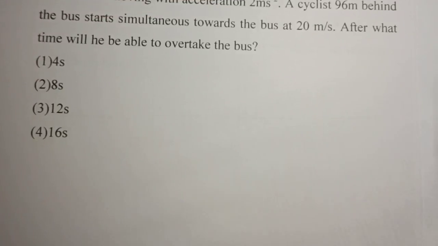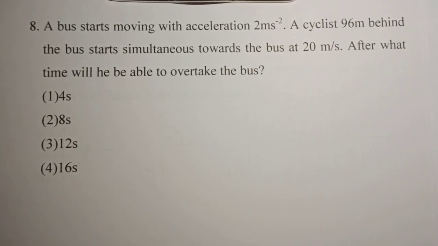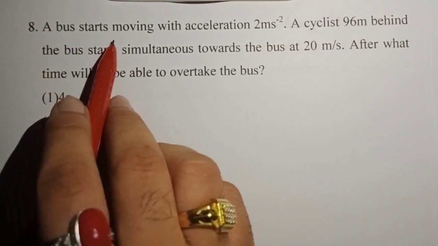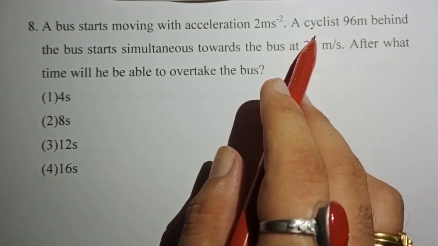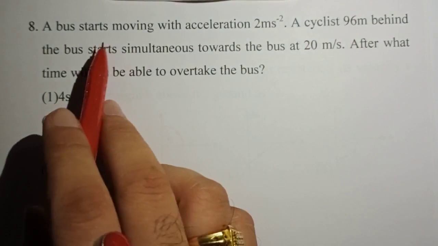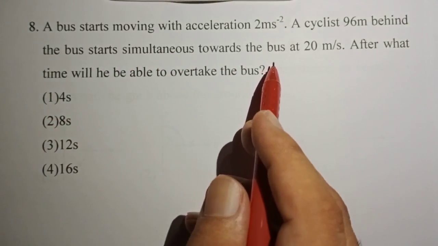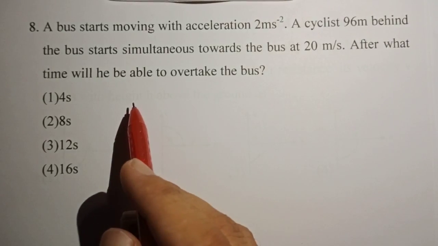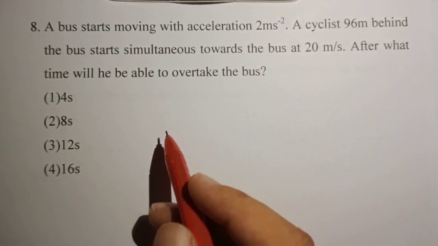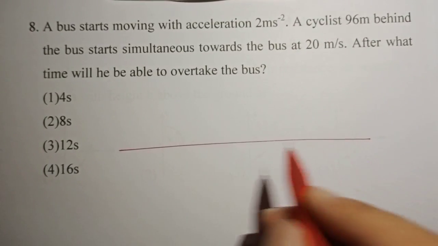Now we will move on to the next problem. Problem number 8. A bus starts moving with acceleration 2 meter per second square. A cyclist 96 meters behind the bus starts simultaneously towards the bus at 20 meter per second. After what time will he be able to overtake the bus? So there is a track here.